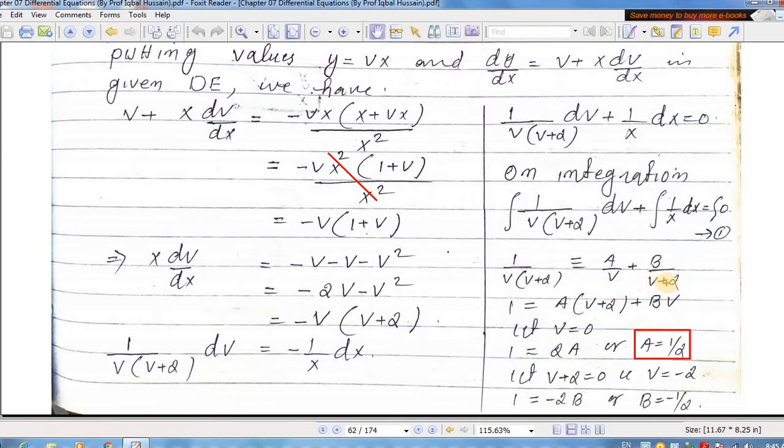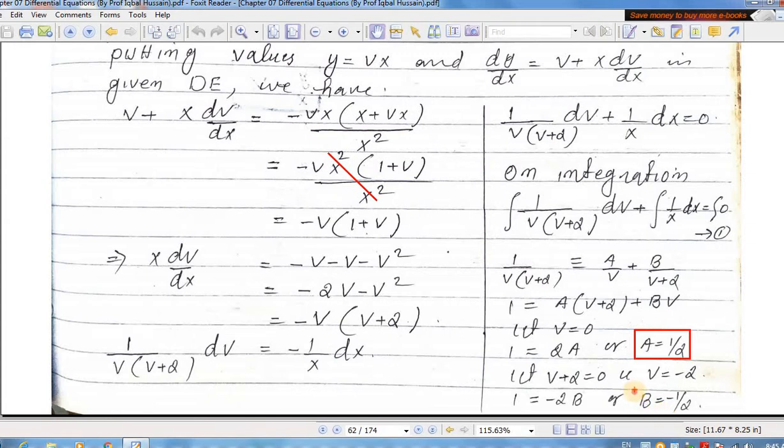Now let v plus 2 is equal to 0, that is v is equal to minus 2. Putting v is equal to minus 2 here, v plus 2 is 0. If we put v plus 2 as 0, this term will vanish, and here we will put v, which is minus 2. So minus 2b is equal to 1, or b is equal to minus 1 over 2.